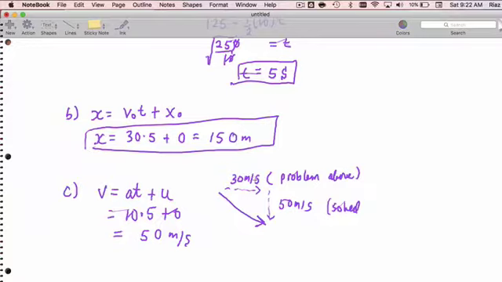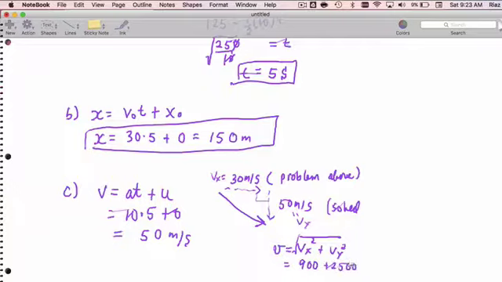So for the total speed, think of these as the legs of a triangle. They're actually vector components. I'll call this part Vx and this part Vy. I'll call it x because it goes in the x direction, and y because it goes in the y direction. Pretty logical. So my total speed is going to be the square root of Vx squared plus Vy squared, which is the square root of 900 plus 2500.